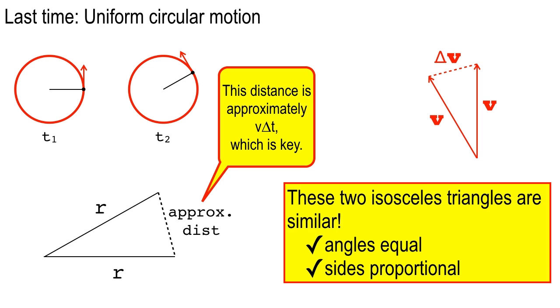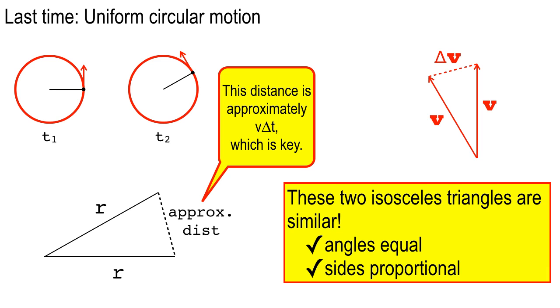And then I made copies of the two radii and formed a blow-up of the triangle that they formed together, with the tail at the center of this circle and the outer part out here to the right. I formed the base of this isosceles triangle, knowing that this approximate distance of travel is very close to v delta t.